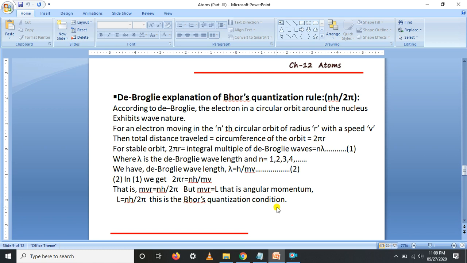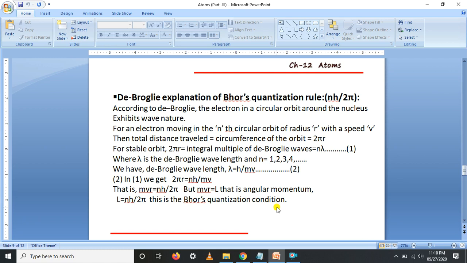The only difference is that according to Bohr, the orbit where the electron is revolving is only a circular fixed orbit, but according to de Broglie it is not only a circular, fixed orbit, it has both natures, wave nature as well as particle nature. Like this, de Broglie explains Bohr's quantization rule.